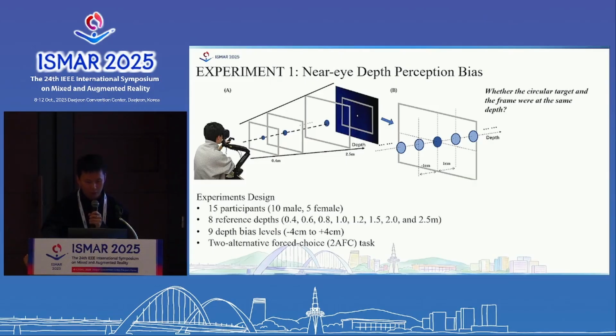We also scaled the target so it looked like the same size at all depths. By doing this, we made sure the only depth cues left for people to use were convergence and binocular disparity. The task was simple too.